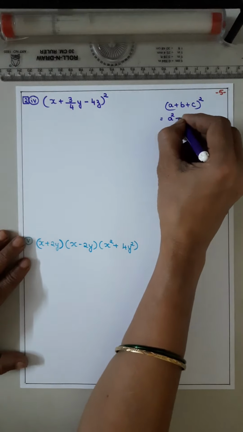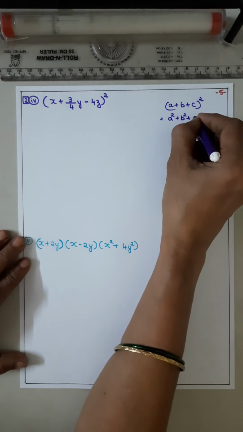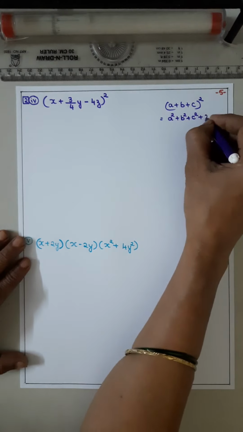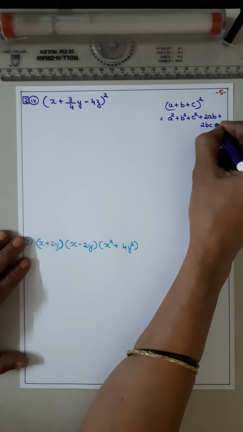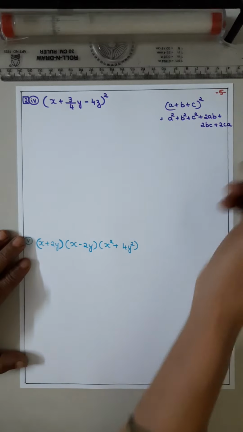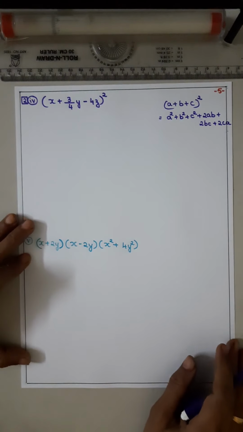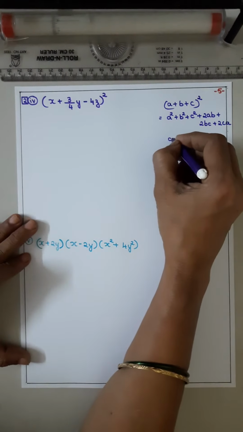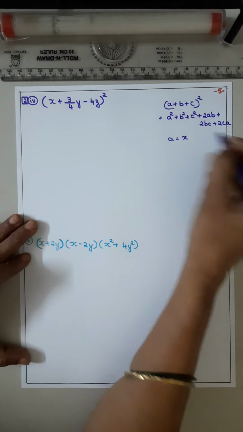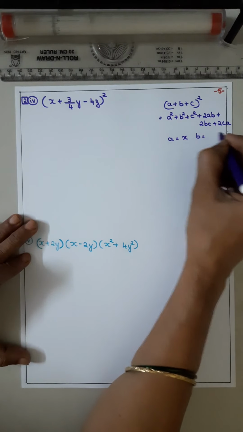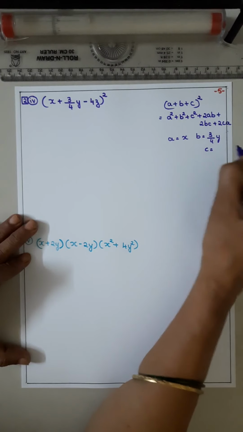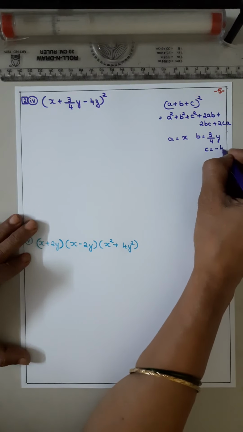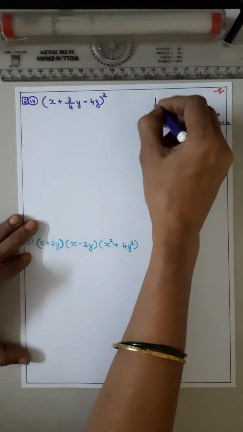A squared plus b squared plus c squared plus 2ab plus 2bc plus 2ca. Remember? Okay. Now write. A is what? X. B is what? 3 by 4 y. C is what? Minus 4z. Remember.